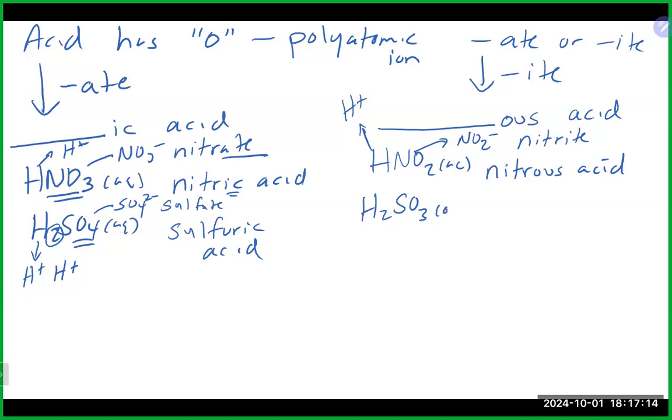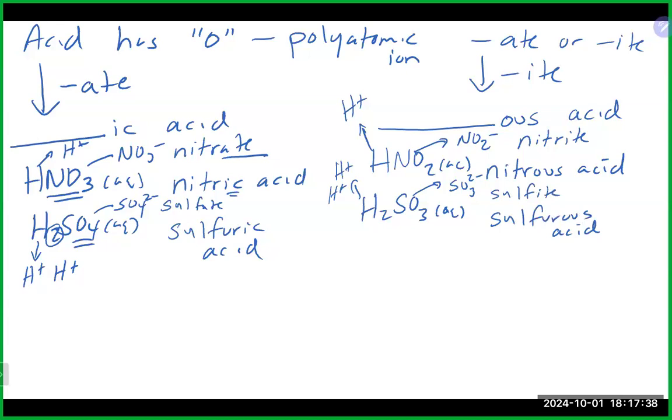H2SO3. That again is our cation of H plus. There's two of them because our anion is SO3 2 minus to balance out the charge. That is sulfite, which means this will be sulfurous acid.